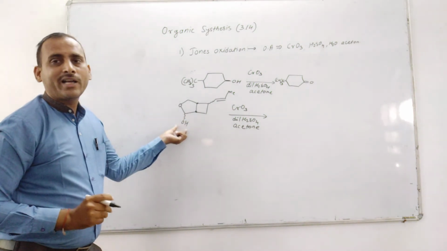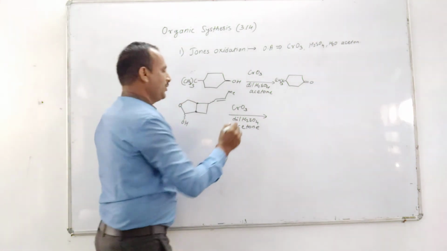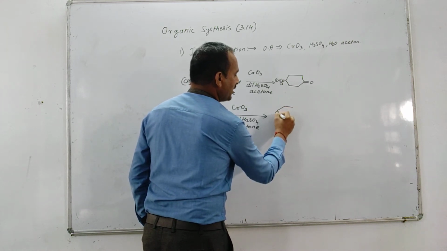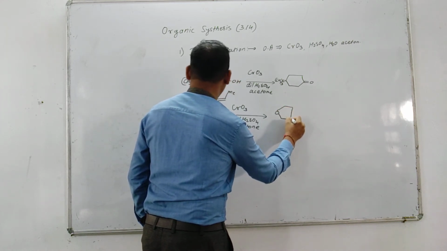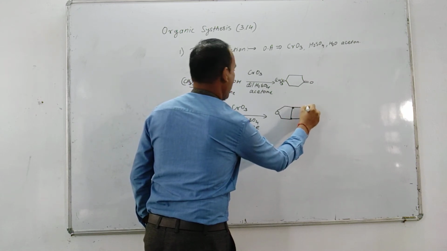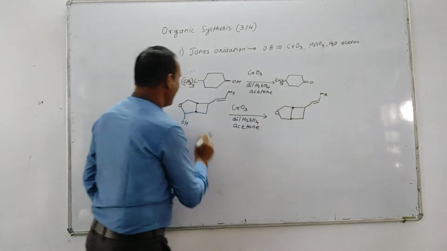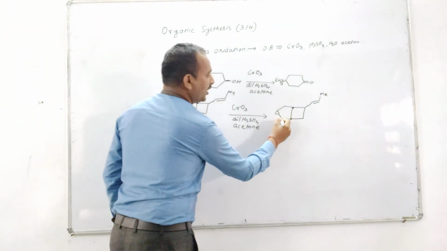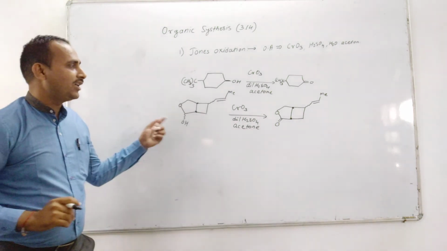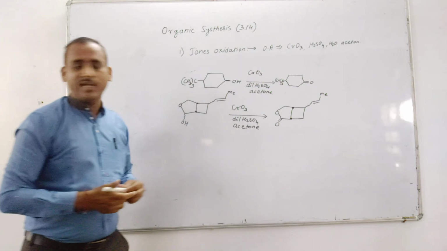So this again is a secondary alcohol, it gets oxidized to ketone by using this Jones reagent. The product has a double bond, Me. The remaining part is as it is. Only this OH gets oxidized to carbonyl compound, and here the cyclic ester is formed, that is the lactone. Lactone formation takes place.